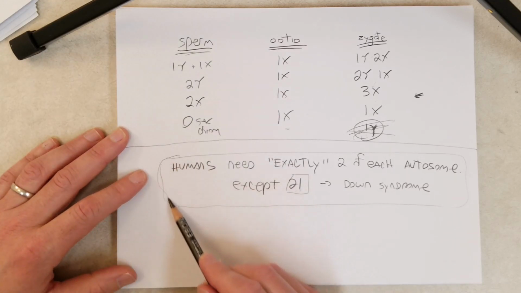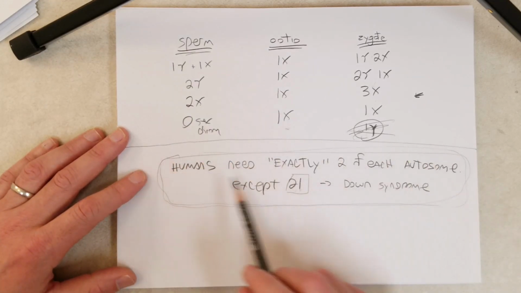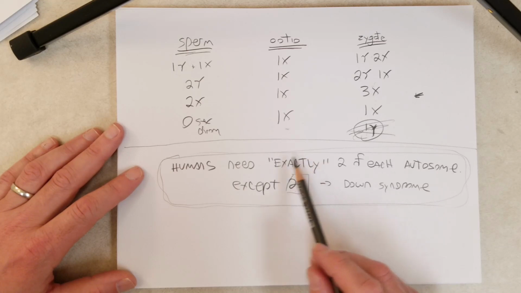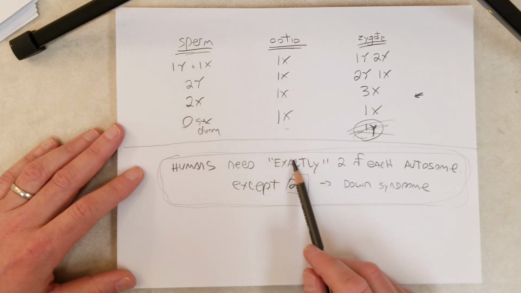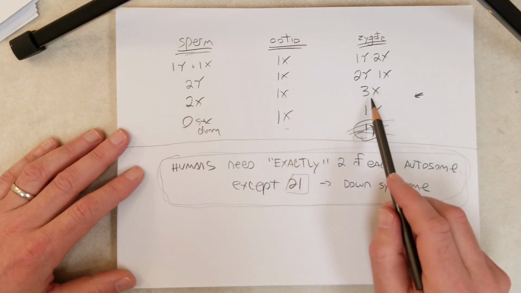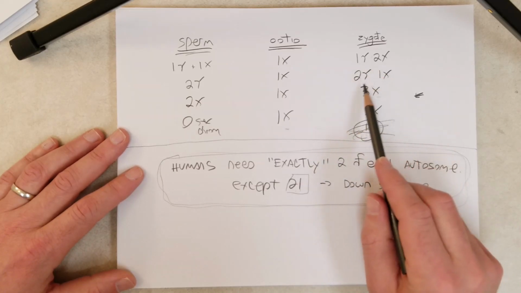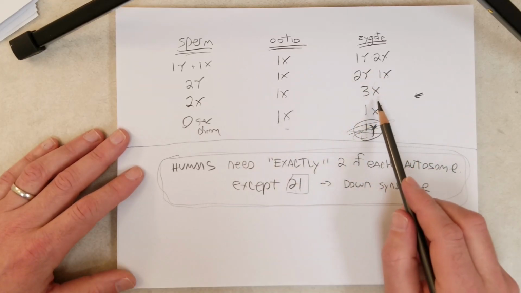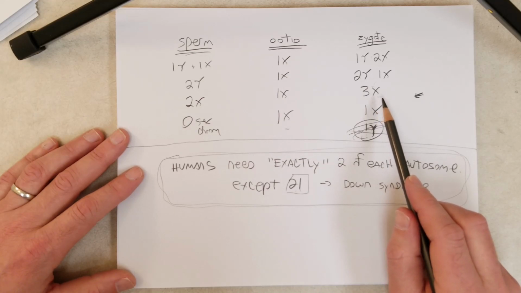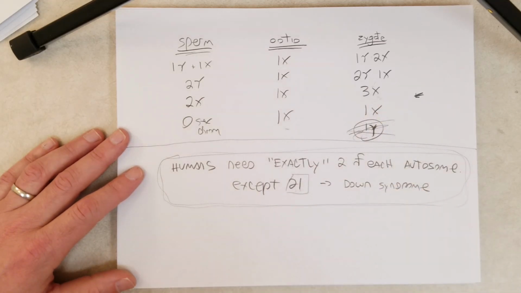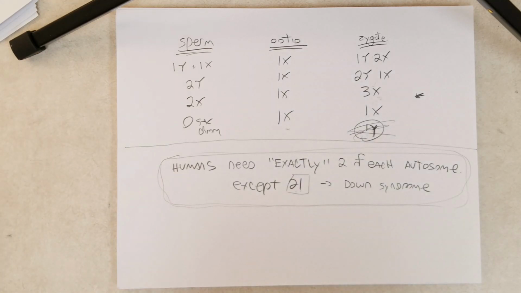So the number of chromosomes is very, very important for essentially every autosome. Much more important than the sex chromosomes, where different numbers of sex chromosomes are usually viable in humans. And we're going to take a look at some of those next.